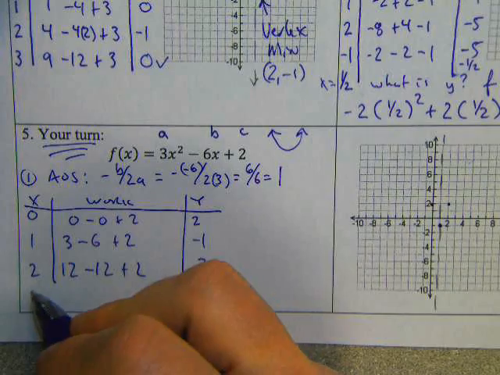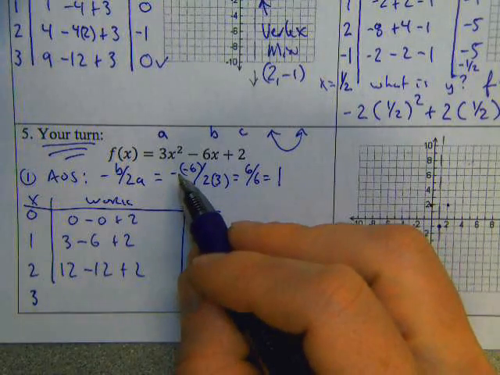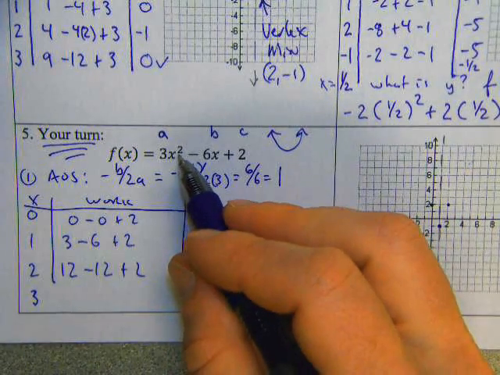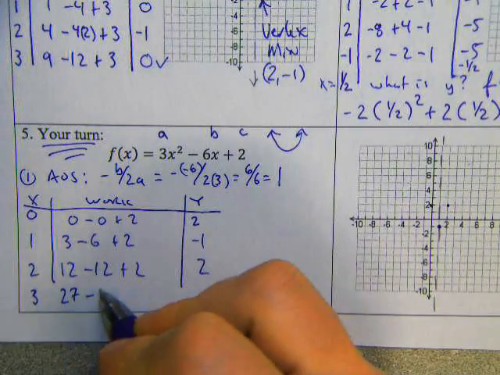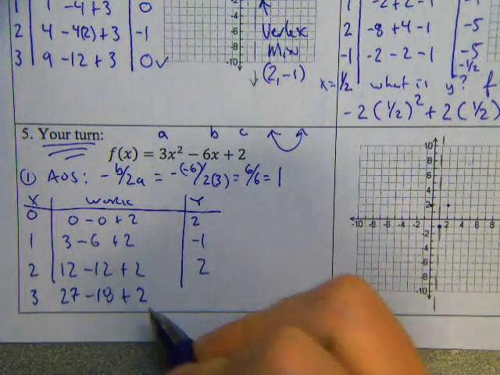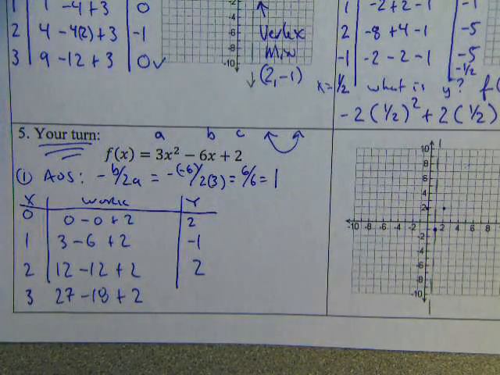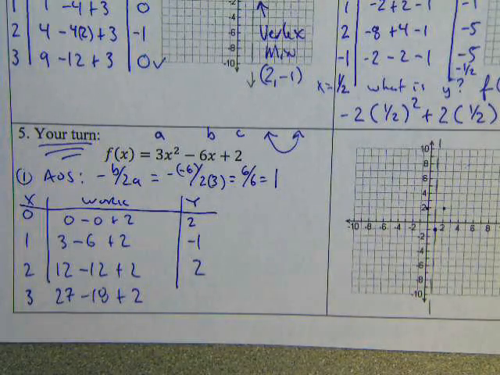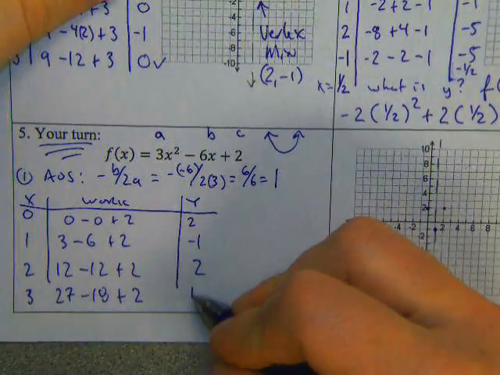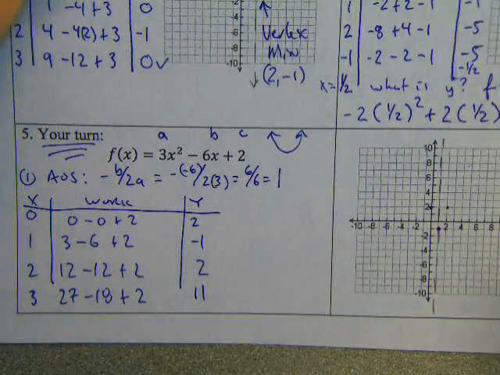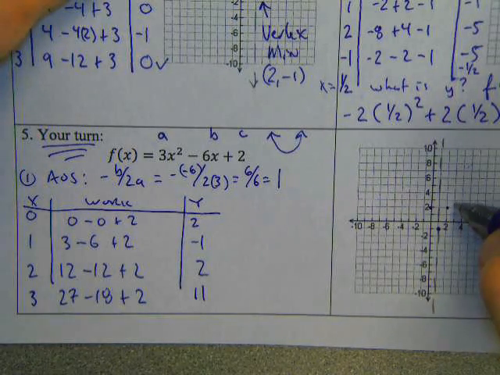So if I plug 3 in, I get 3 squared is 9 times 3 is 27 minus 18 plus 2. So that is 11. And so I'll be 3 and 11.